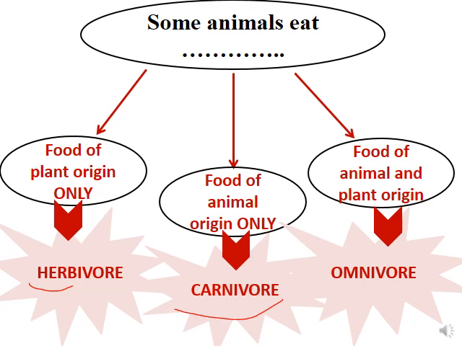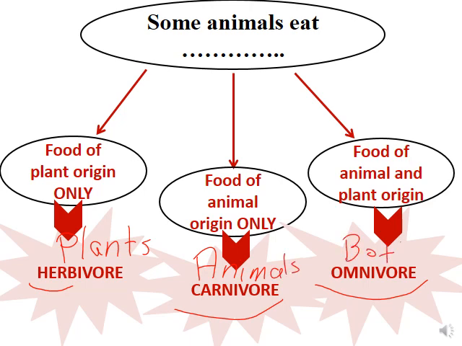While humans consume food of both plant and animal origin, so we call it omnivore. So herbivore, it's only plants. Carnivore, only animals, while omnivore, both animal and plant origin.